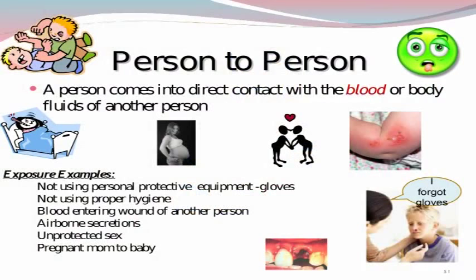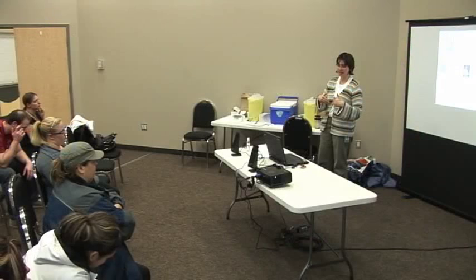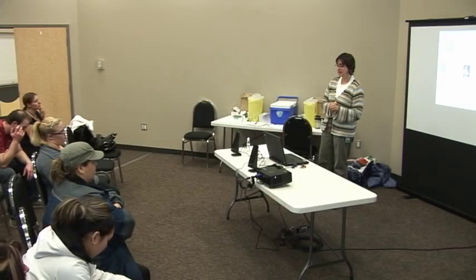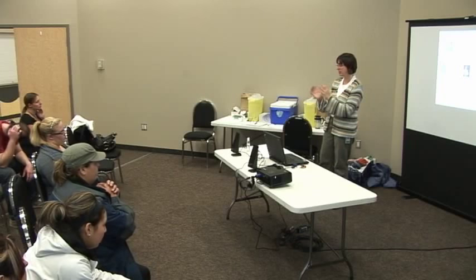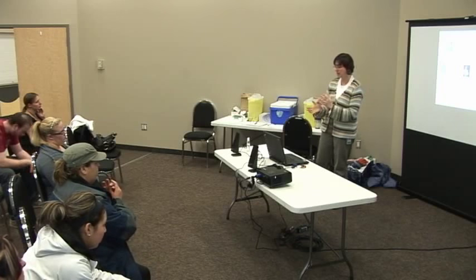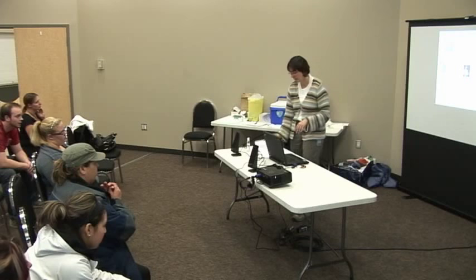If we have a wound, okay, and somebody else's blood gets into that, through airborne secretion. So again, if somebody's got whooping cough, let's say, and they're hacking out a lung, and we're breathing that in, okay. Unprotected sex, or from a pregnant mother to the baby, okay? And those are basically the only ways that you can get it person to person.